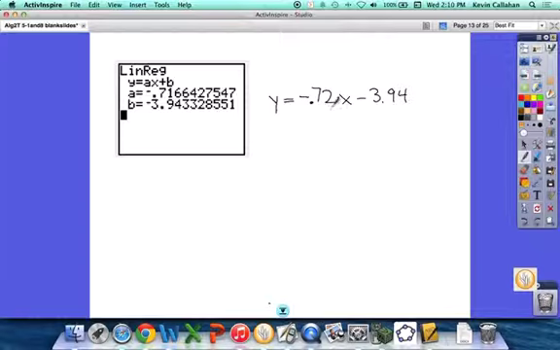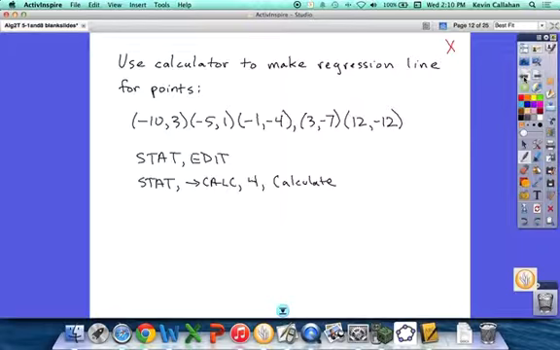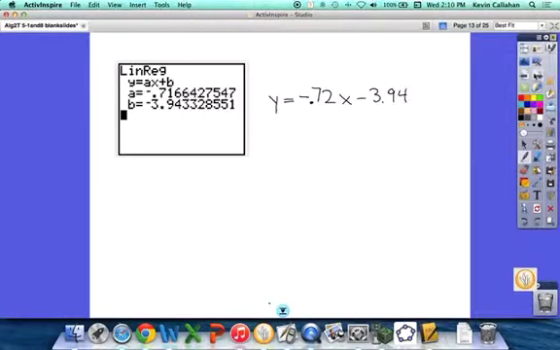Probably round off. It ought to be these. If you didn't get that, you'd put the data in, right? Stat, edit. Okay, you don't have the right data in there. I just gave you 5 points. Where's the 5 points? Yes, all 5. You can't just use 2 of them. I cannot hear you. Quiet. What? Yeah, that's good.